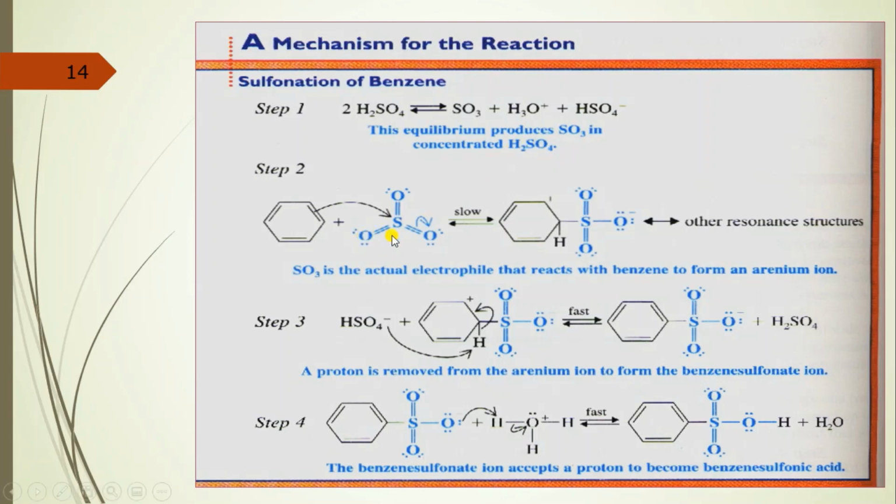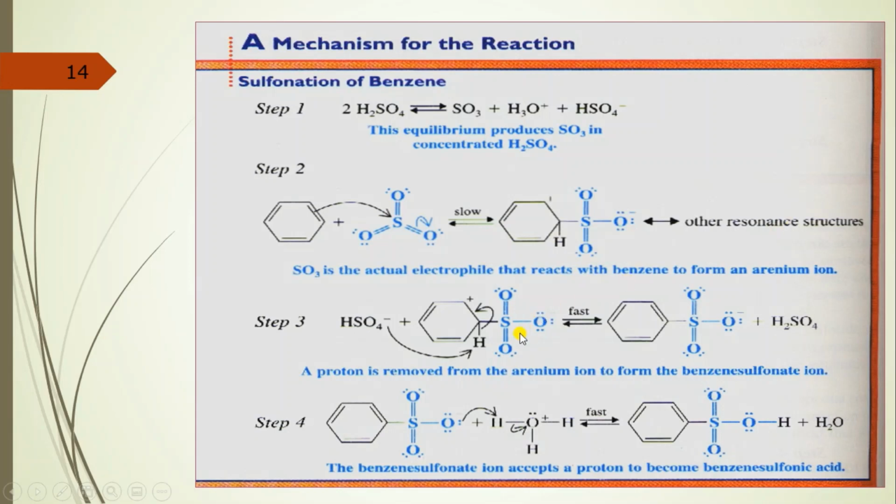After the formation of this SO3, this SO3 has to react with the benzene ring. Because this SO3 positive is an electron deficient center, the electron rich benzene ring pushes its electron pair towards the sulfur, and then we have the O negative formation and the resonance intermediate.